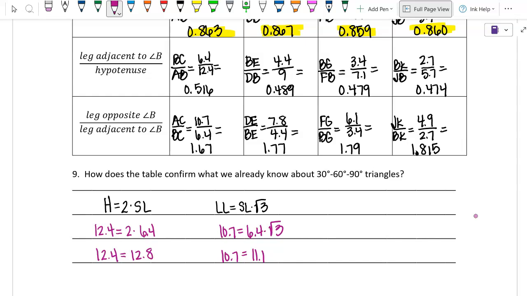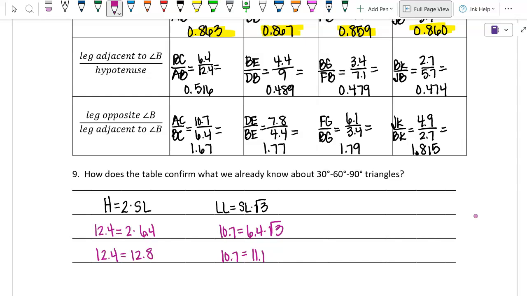Even though, again, the numbers don't come out perfectly equal, it does come pretty darn close, taking into account that there could be some human error going on in there. So it does show, even with the ratios we're looking at, that those special right triangle relationships, we saw it in the 45, 45, 90 in the previous chart, where that relationship did exist. The legs were equal to each other.